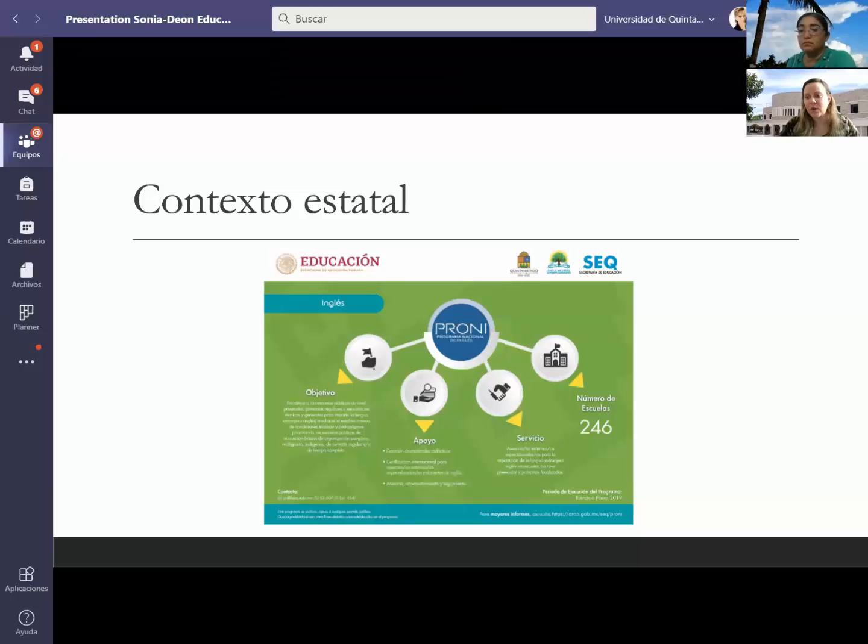No tengo el dato de cuántas escuelas hay en el estado, pero sé que son muchísimo más de 246, porque en pláticas con la persona que coordina el PRONI en el estado, me mencionaba que únicamente han llegado como a un 33 o 36% de cobertura de las escuelas.